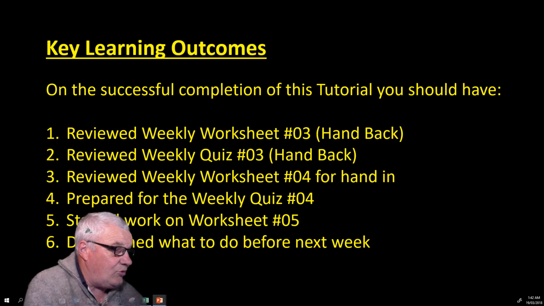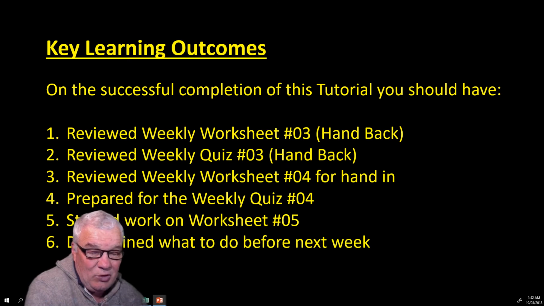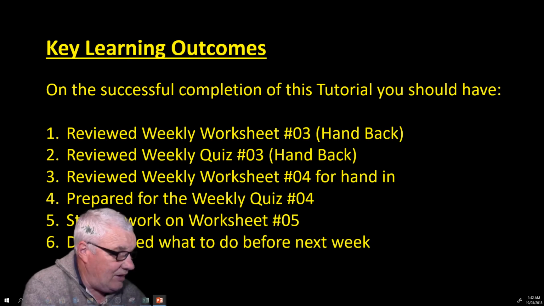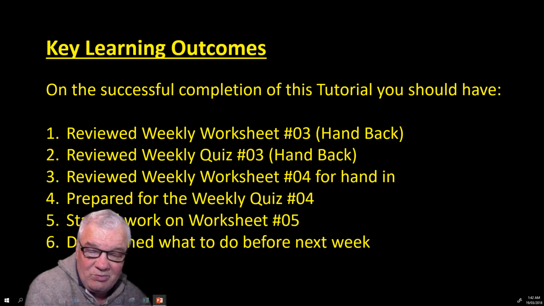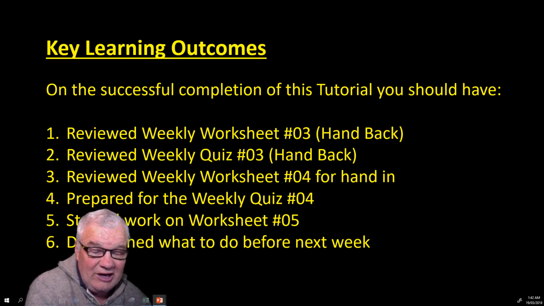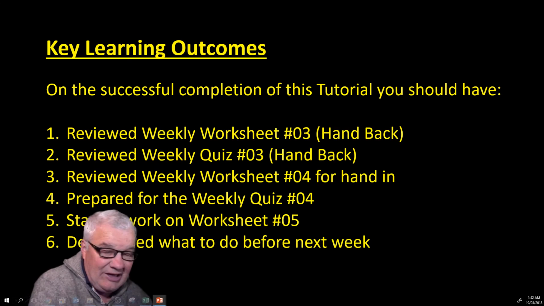I'll take some questions on weekly worksheet 4 for a hand-in, and getting ready for quiz 4. And then worksheet 5 will be handed out, and again we may get time just to have a look at some of the things on that. Then towards the end, just before we go, we'll have a look at what to do before next week, which is pretty straightforward, but nonetheless, the opportunity's there.